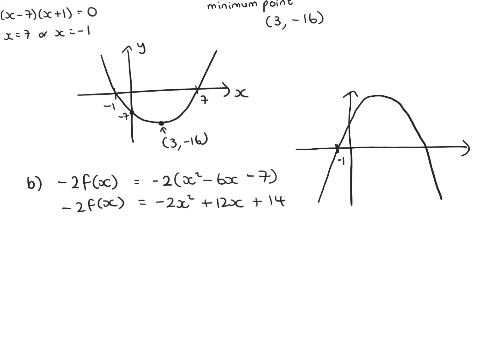These 2 points, -1 and 7, are going to stay the same because they aren't going to have changed. This point is still going to be at 3, but if I've times it by -2, it was at -16, so it's going to move to 32. And if I've times by -2, the -7 is going to move to 14. That's how that one's going to change and move.